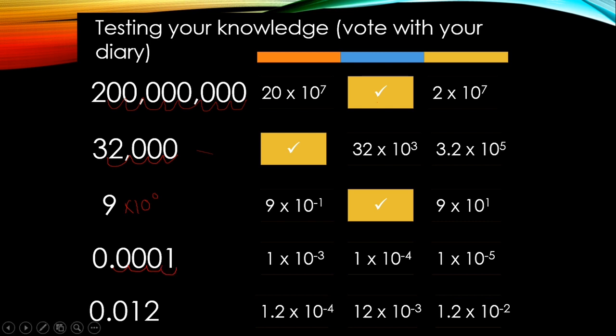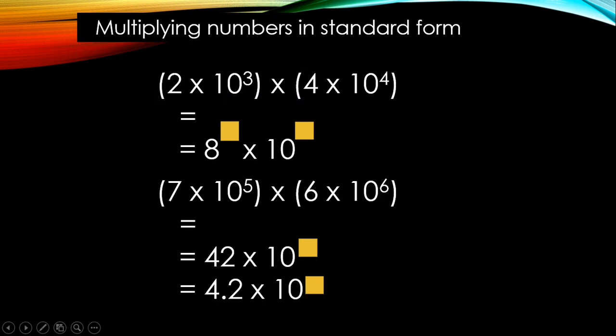So it will be 1 times 10 to the power minus 4, which is this one. Yes. Then 0.012. We're going to move how many places? 1, 2. 1.2 times 10 to the power minus 2. This one.